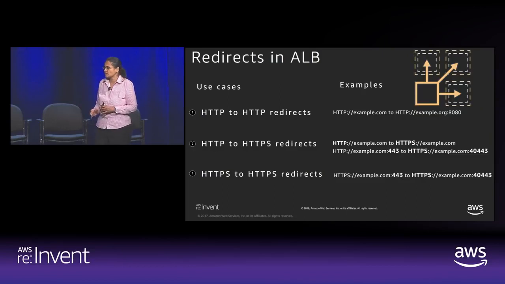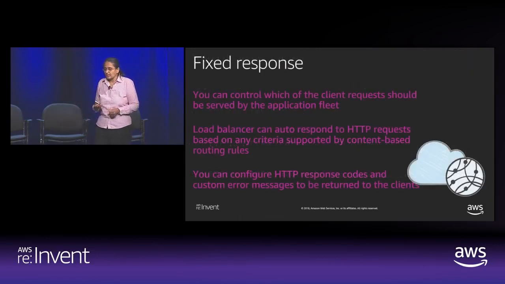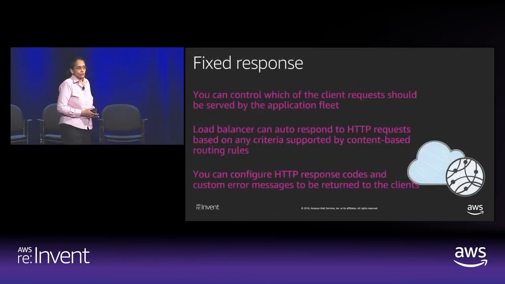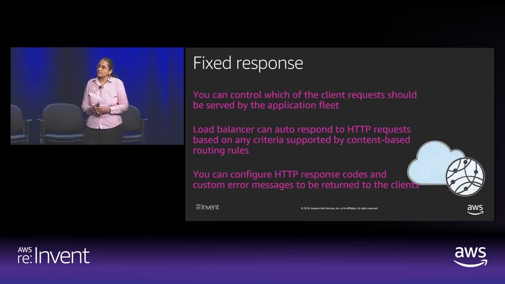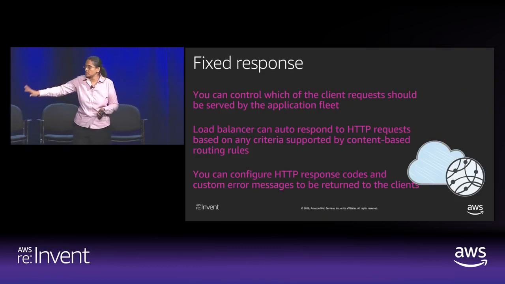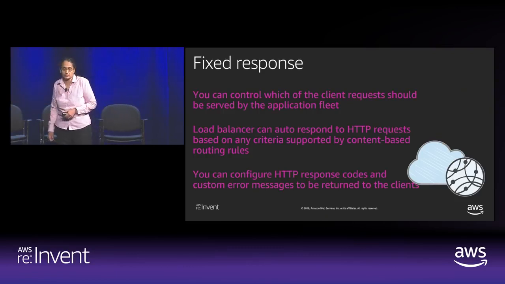I think this was one of the fastest adopted features on the application load balancer. The next action that we launched a few months ago this year is the fixed response. With fixed response, you can offload some of the responses to the load balancer and let the load balancer do the response for you, and it doesn't even get to your backends or your clients, right?